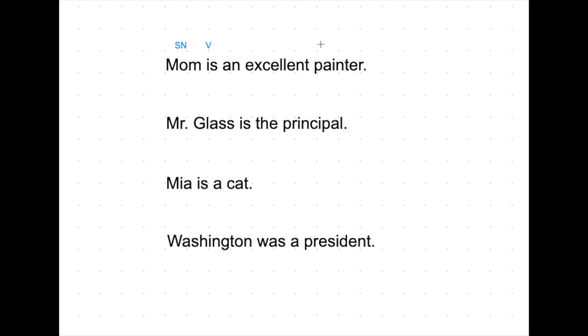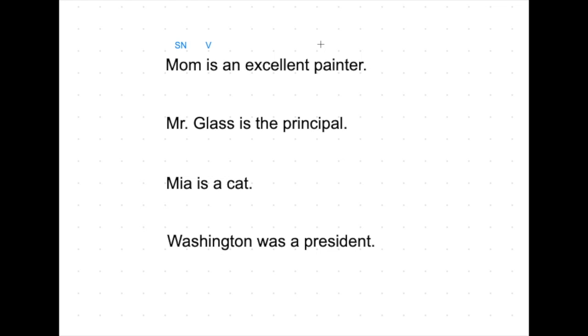Painter. Now before, we are familiar with questions that sound like this. Mom is what? But before we would usually answer them with a direct object, right? But in this case, painter is not a direct object, and here's how we know. When we ask the question, Mom is what, and we answer it with painter, we then ask ourselves, does painter mean the same as mom?